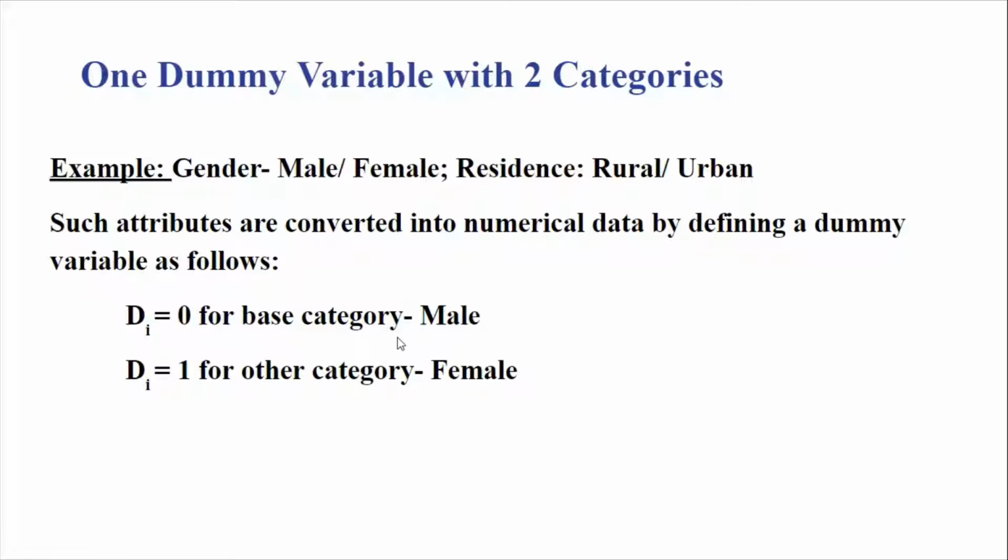So suppose in this particular case, male has been considered as the base category and di equal to 1 for the other category, female in this case, right? So this is how you have defined a dummy variable with only two categories, di equal to 0 for male and di equal to 1 for female, right?